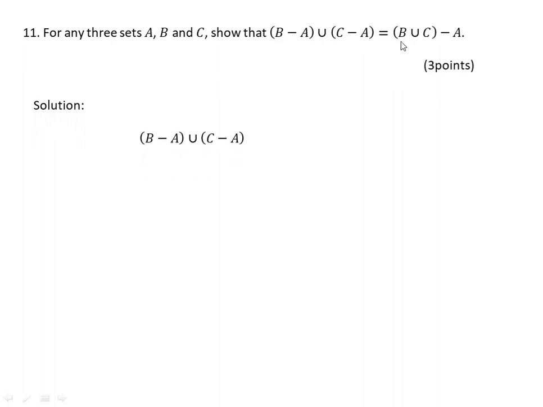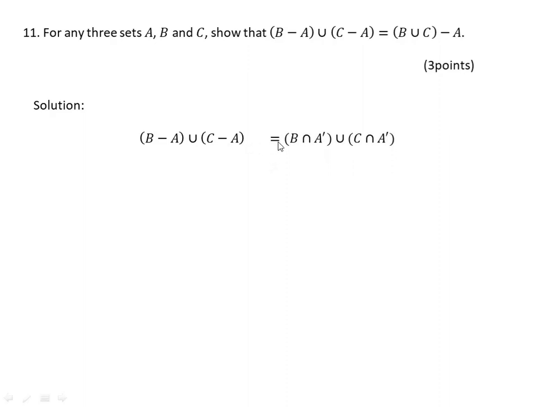We start with (B without A) union (C without A). Now B without A is the same as B intersection A complement, and C without A is the same as C intersection A complement.